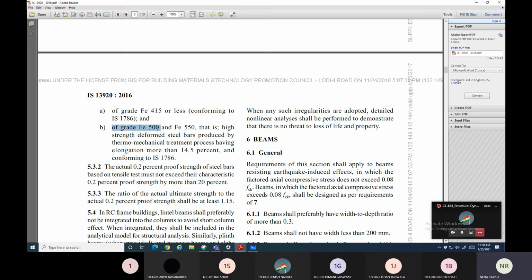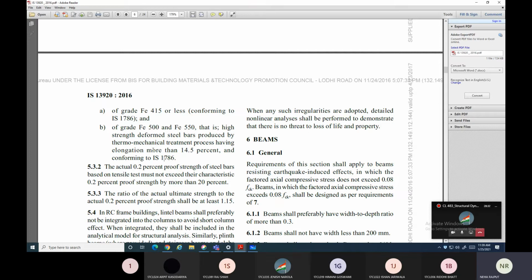Then the grades Fe500 and 550: that is high strength deformed steel bar produced by the thermomechanical treatment process, having elongation of more than 14.5% and conforming to IS 1786. This IS 1786 is the code for the steel itself.